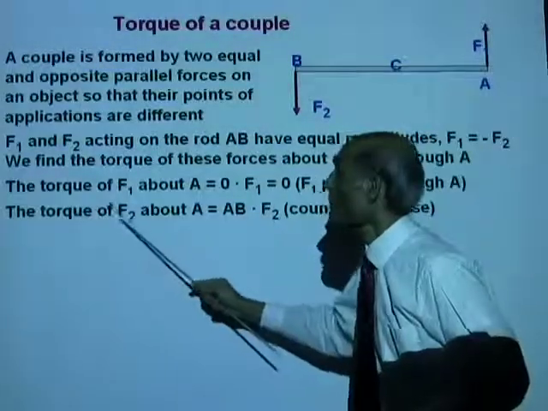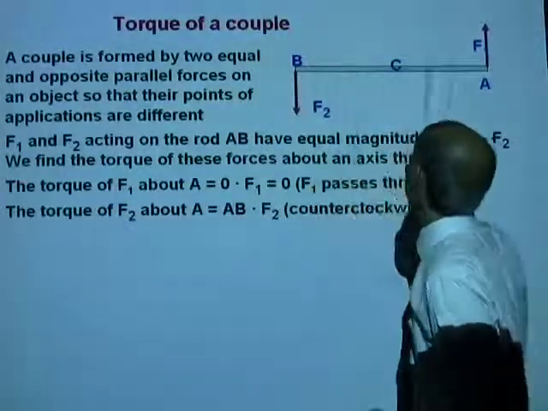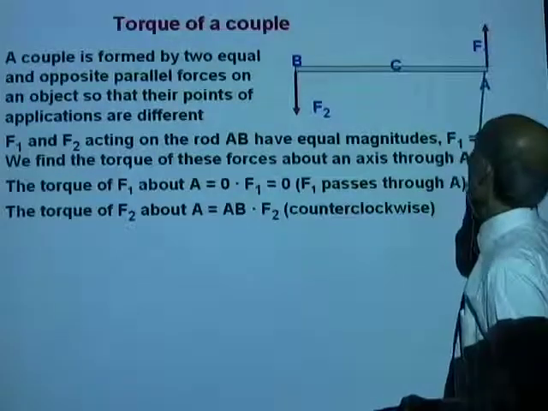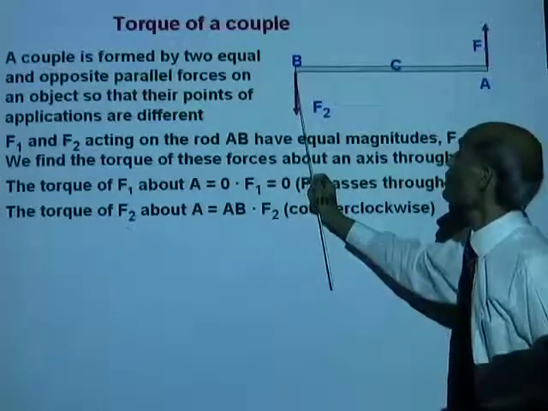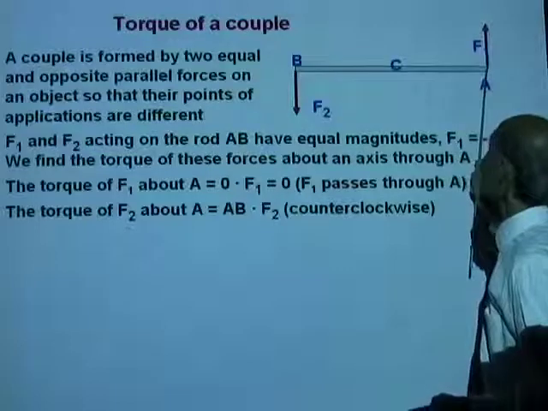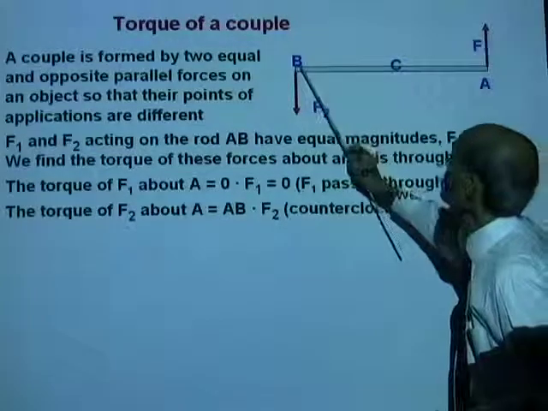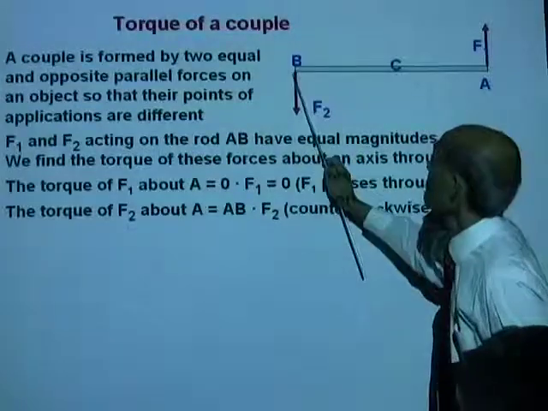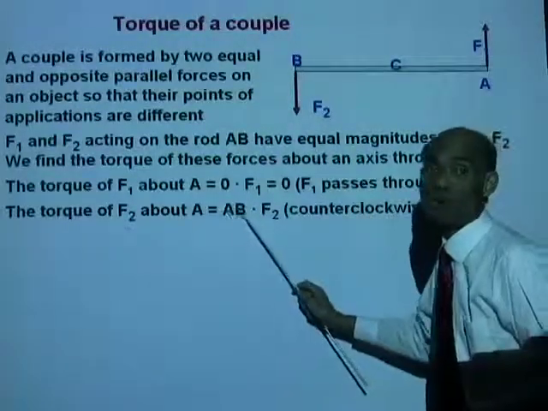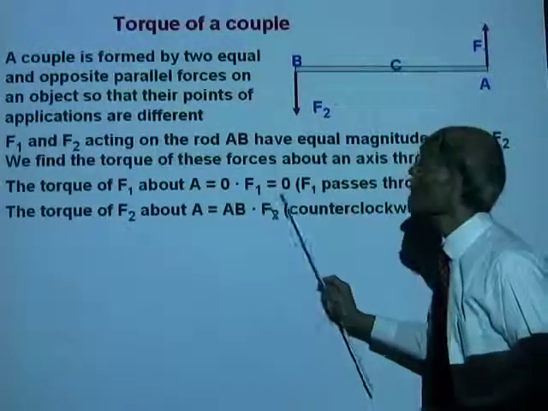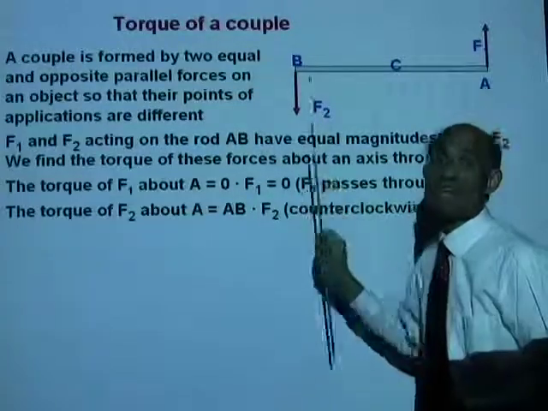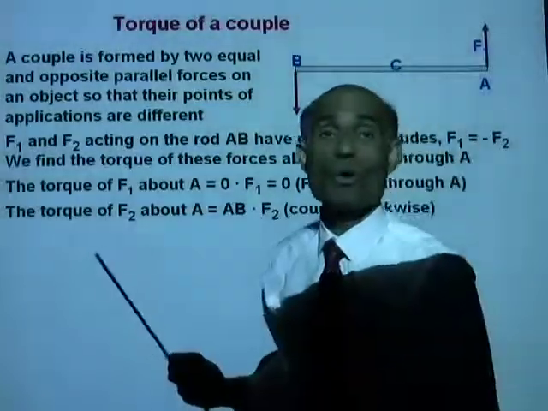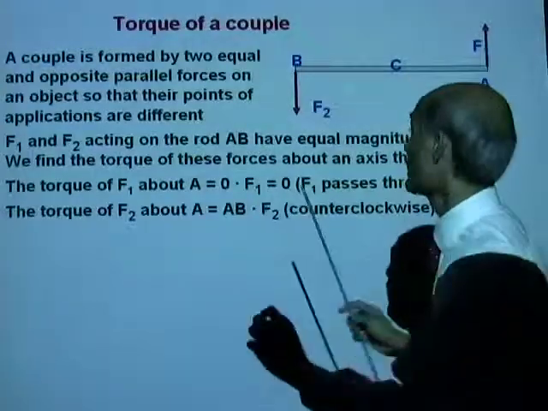What is the torque of F2 about an axis that passes through A? The torque arm will be AB, and we multiply that with F2. Tell me, is this a clockwise torque or a counterclockwise torque?